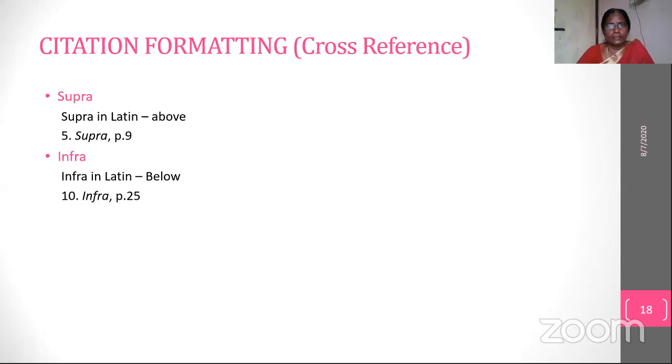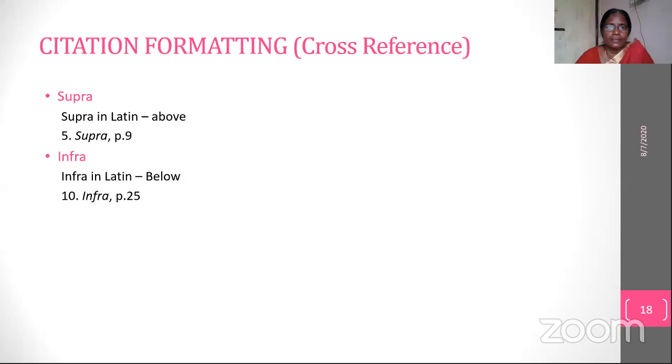This is the last one, cross reference. Suppose we have written an article, a research paper, which consists of 25 pages. It has more than 50 references in the footnote or in the endnote.